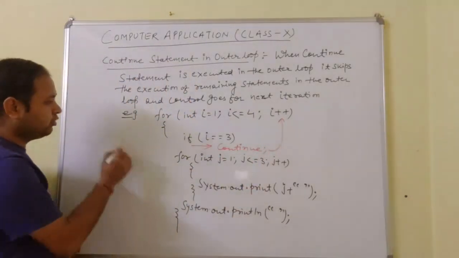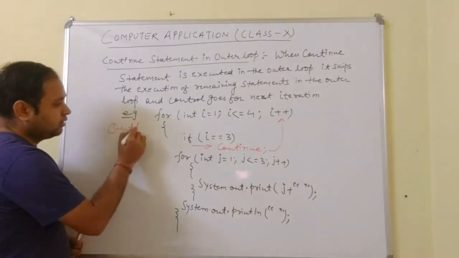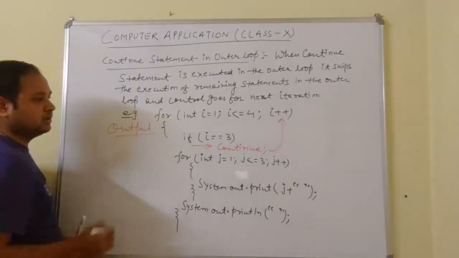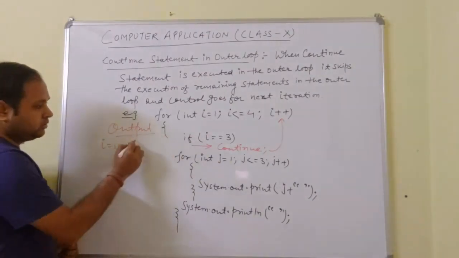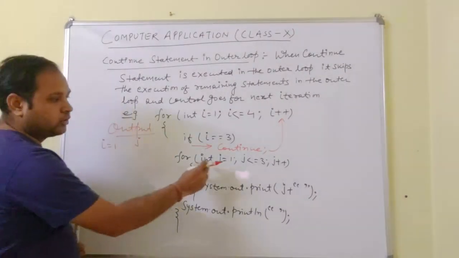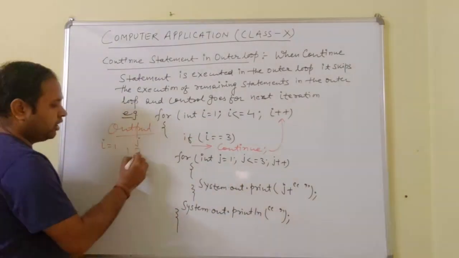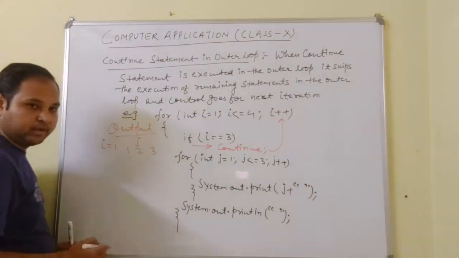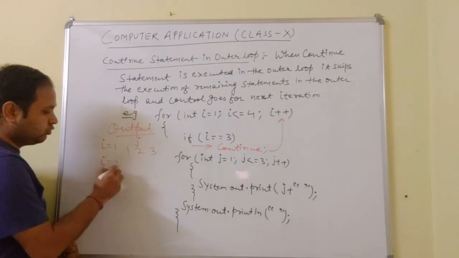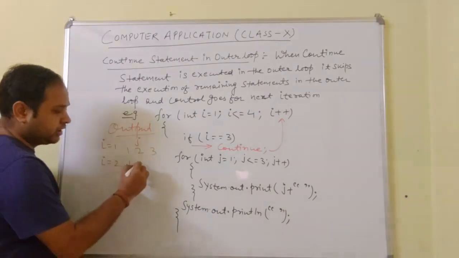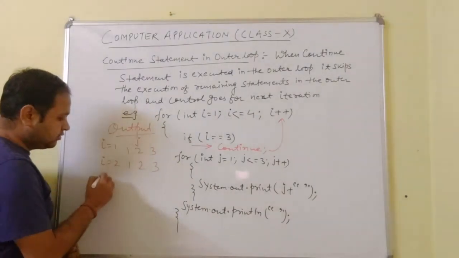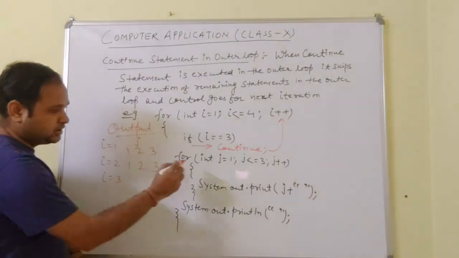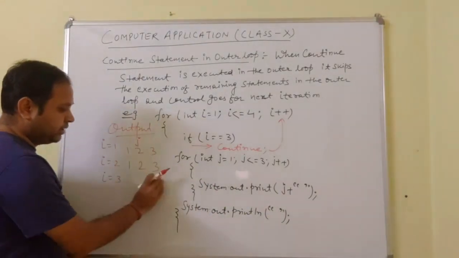So if I see the output, at i equals 1 this condition is false. So the j loop will rotate 3 times and print 1, 2 and 3. At i equals 2, j will also rotate 3 times and print 1, 2 and 3. At i equals 3, the j loop is not rotating, and it will not print anything.